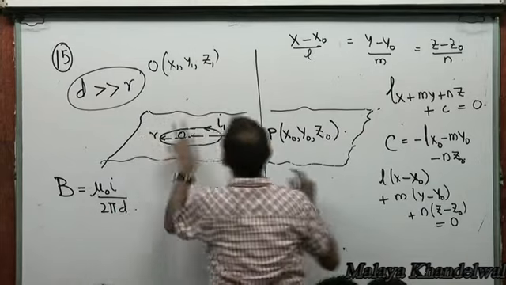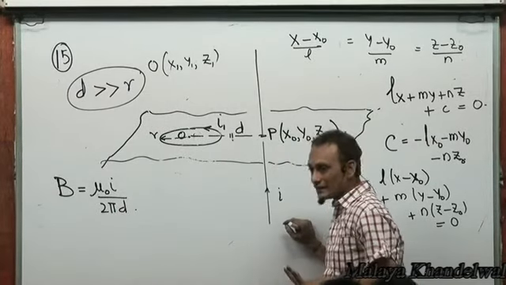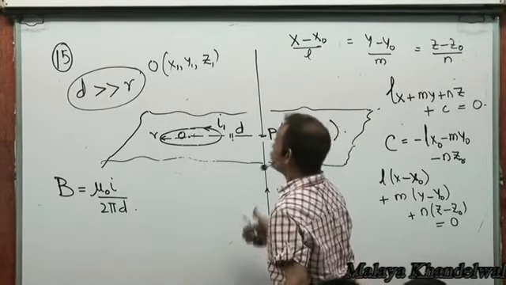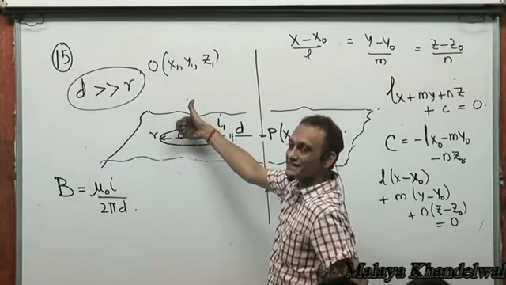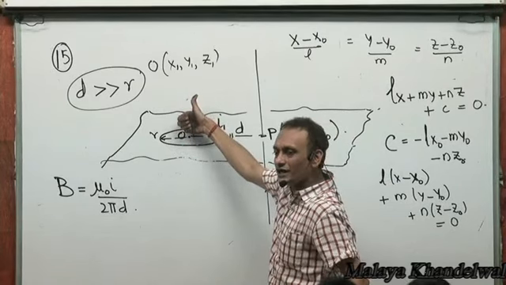That means the B lines lie in the plane of the loop, right? The mu of this loop is like this. So mu and B are perpendicular, right?